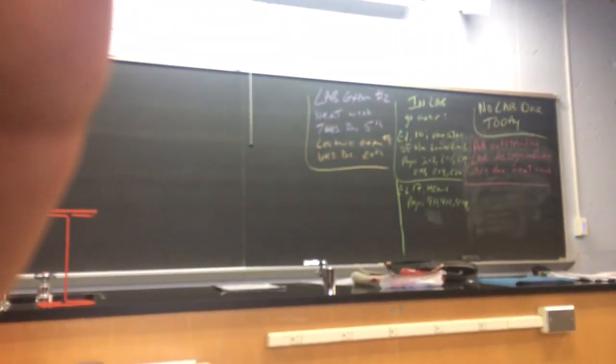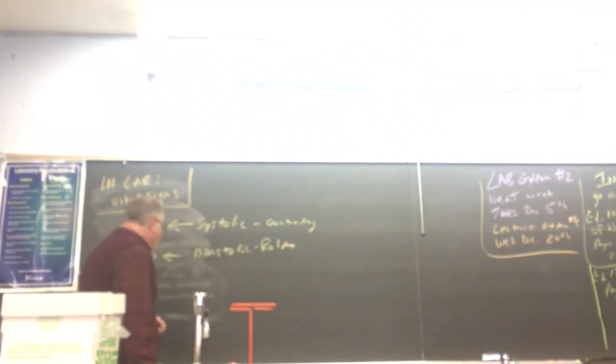The top number is called systolic blood pressure, and this is when the heart's contracting. The bottom number is the diastolic, when the heart's relaxing. So this is blood pressure.